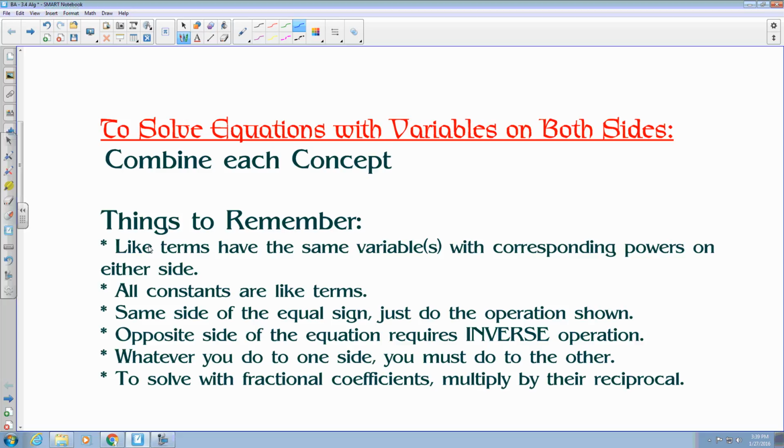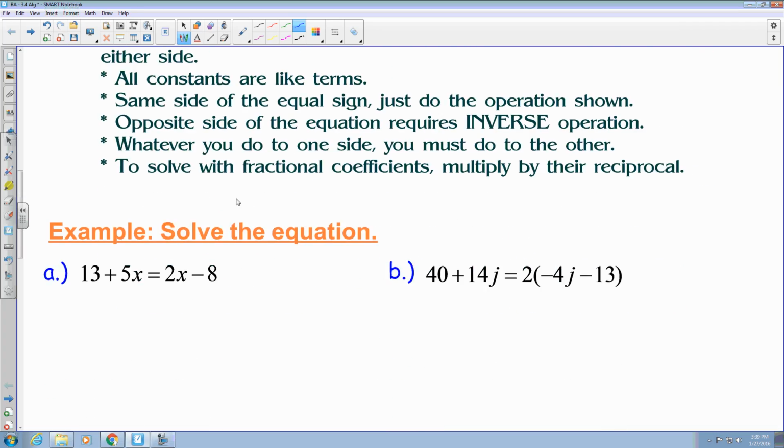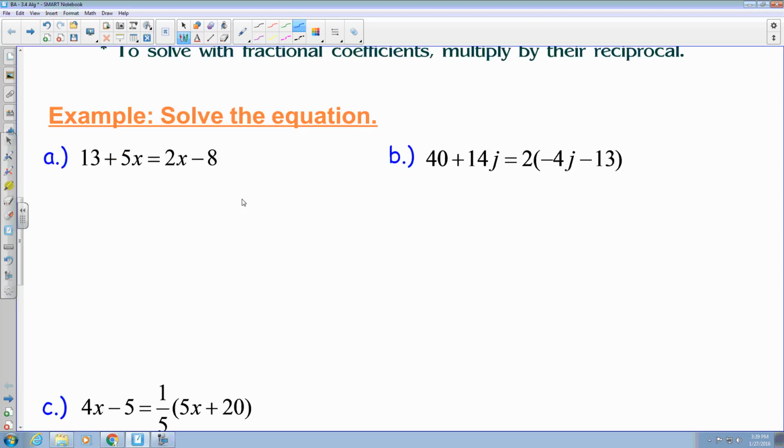Once you figure that out, on the same side of the equal sign, just do the operation shown. Use the inverse operation for solving the equation, and whatever you do to one side you must do to the other. To solve with fractions and coefficients, you can multiply by their reciprocals. With that being said, let's look at some examples.